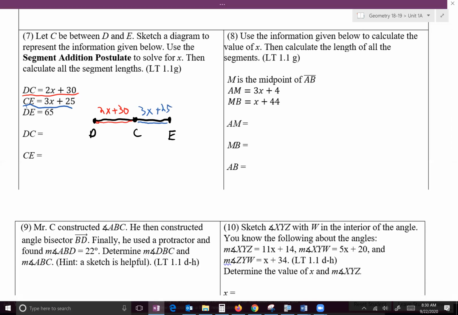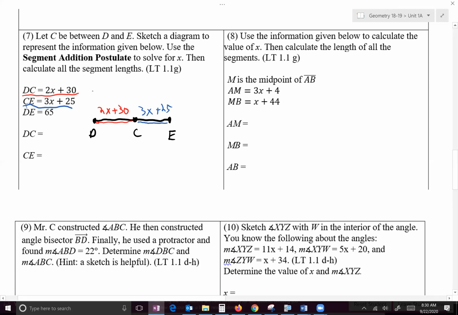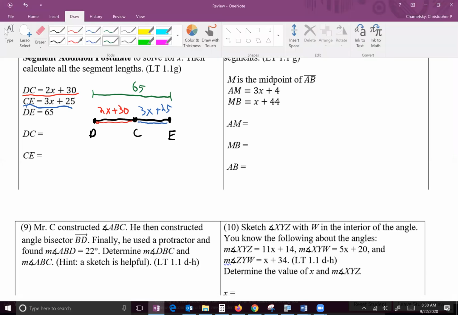And then the entire thing, D to E is 65. Okay. And they want us to find both DC and CE. Well, we're going to use segment addition because we have 2 parts and the whole here. So that's how I'm going to set up.